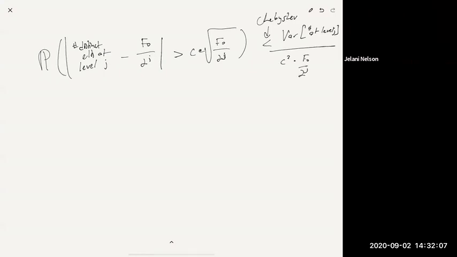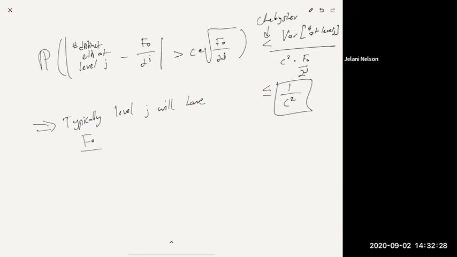But we just said that the variance is at most f0 over 2 to the j, so this is at most 1 over c squared. So that's what I'm saying: typically, level j will have f0 over 2 to the j plus or minus O of the square root of f0 over 2 to the j elements.